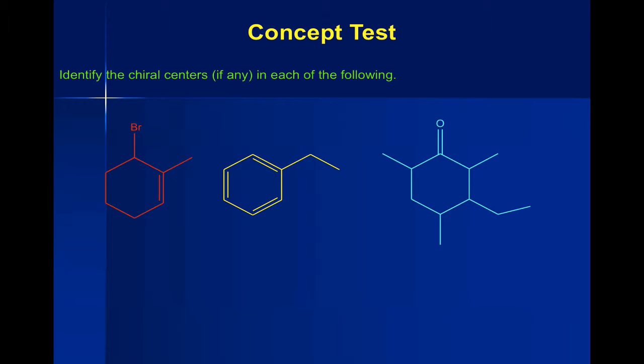How about with our yellow molecule? No chiral centers, right? Okay, good. And how about here? How many chiral centers do we have, if any? There's definitely one.